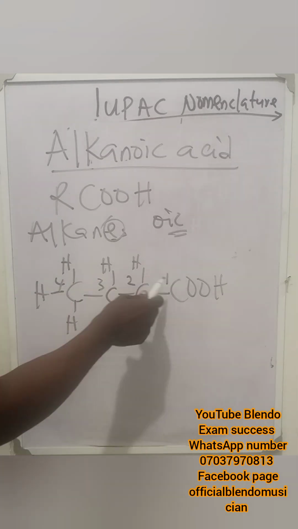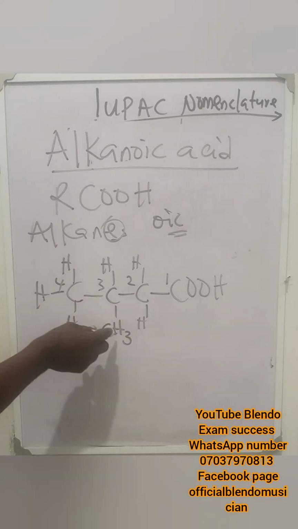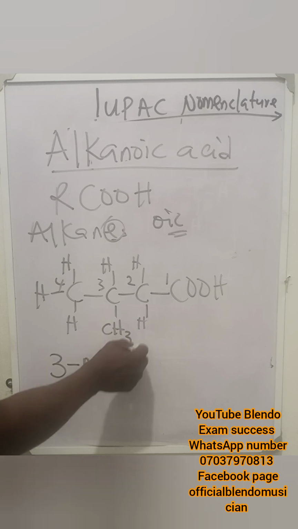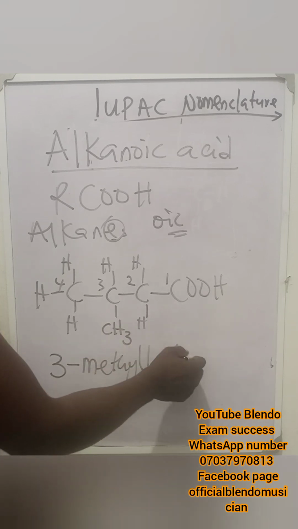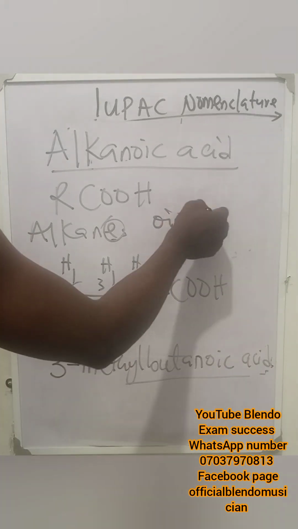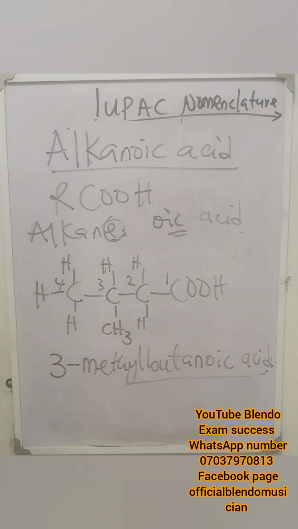The alkyl group is at carbon atom 3, but the functional group is COOH. So you have 3-methylbutanoic acid or 3-methylbutan-1-oic acid. Is that clear? Thank you.